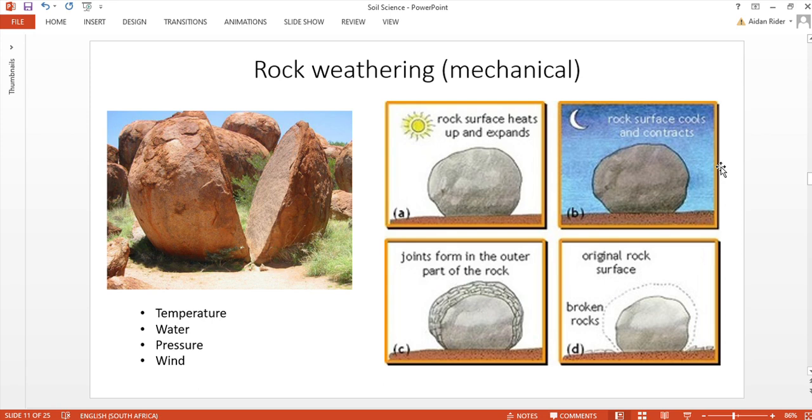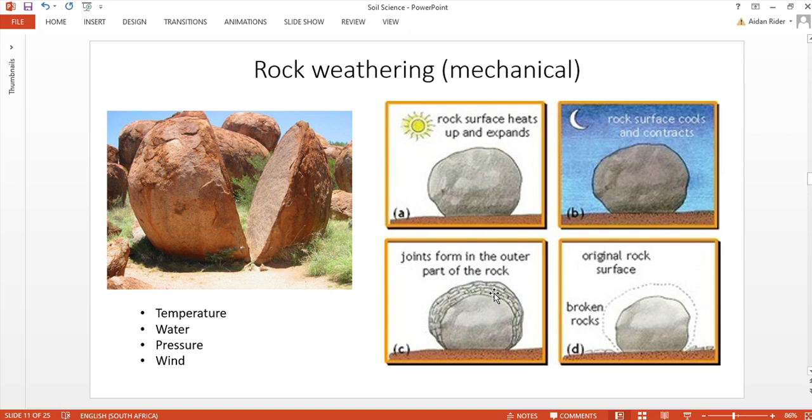So this causes friction within the rock. So then later on, joints start to form on the outer layers of this piece of rock, and it's also known as exfoliation, this chipping away of the outside layers.